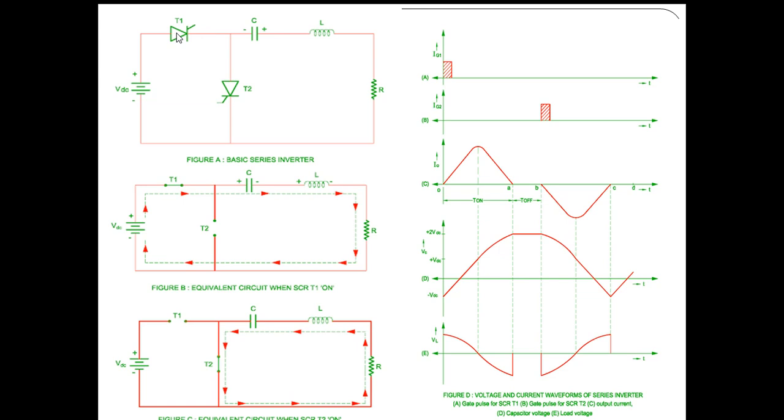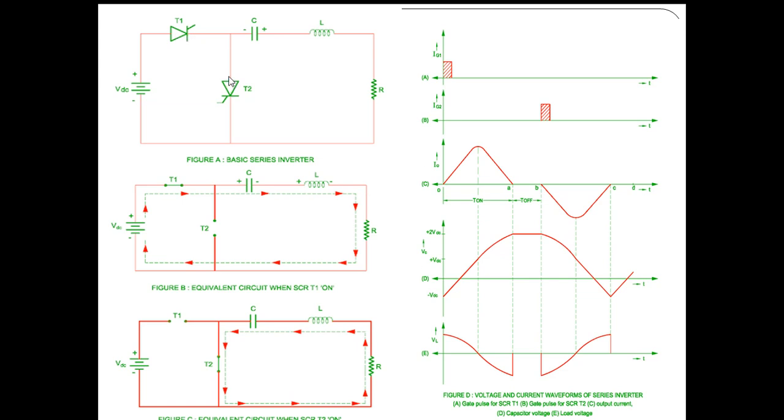Whenever we are turning on thyristor T1, this supply will drive current through capacitor C, inductor L, and resistance R, and the current will flow in this closed path. It will not flow through thyristor T2 because T2 is in off condition.